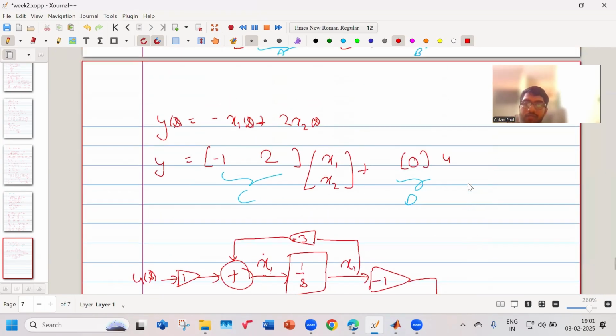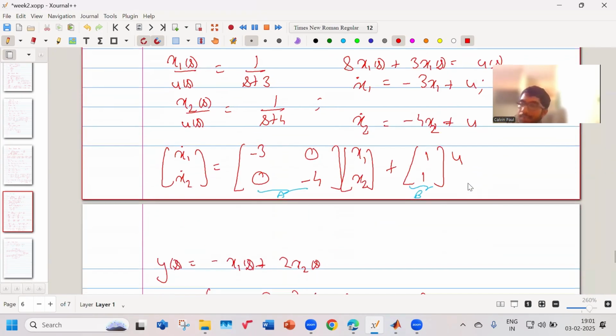If you observe the matrix A, it has these parts, minus 3 and minus 4. These are actually the eigenvalues of your system matrix A. Let us check whether we get the same transfer function using MATLAB.